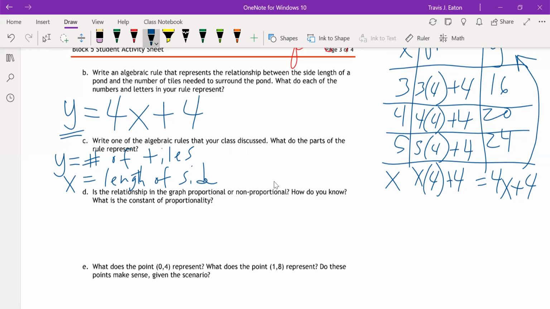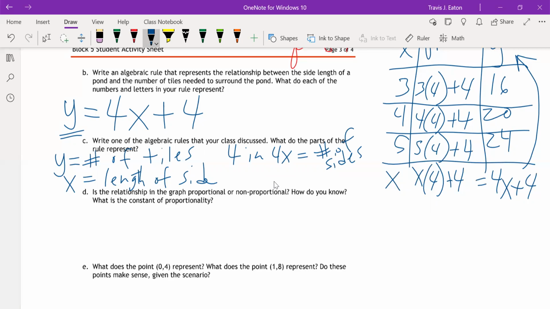And the 4 that's multiplied by the x is called the coefficient of x. The 4 in 4x is the number of sides of our pond. There are 4 sides to the pond, so that 4 represents those 4 sides.